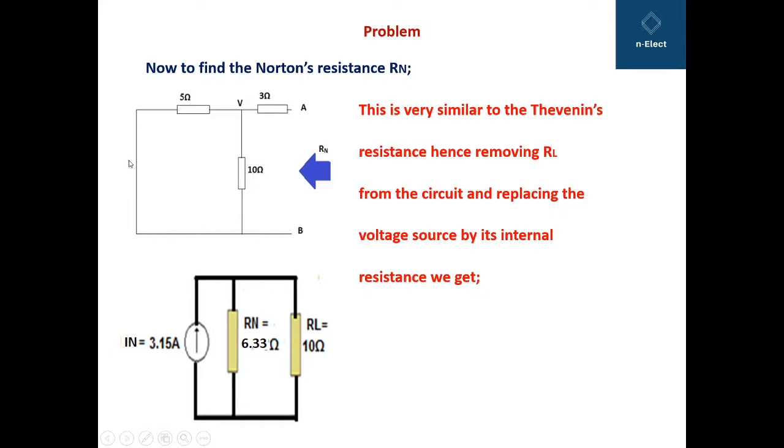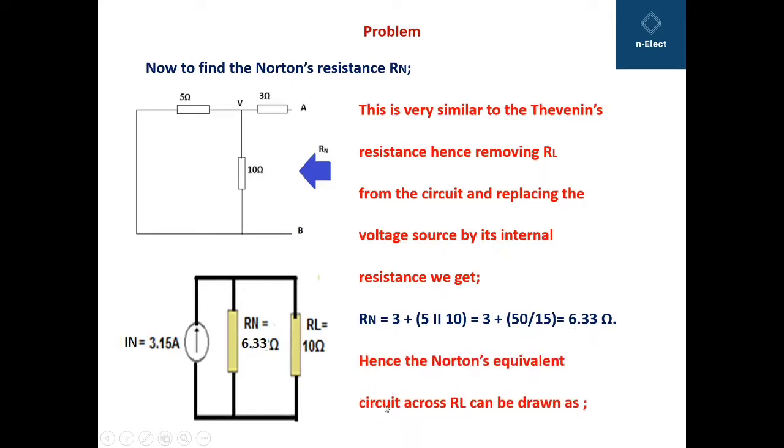Again, the internal resistance of the source is considered as 0, so we connect these points directly and get the total resistance of the circuit. If we start from point A, we move through 3 ohm plus the parallel combination of 5 and 10. So Rn will be equal to 3 plus 5 parallel 10. That gives on calculation 3 plus 50 upon 15, which is equal to 6.33 ohms.